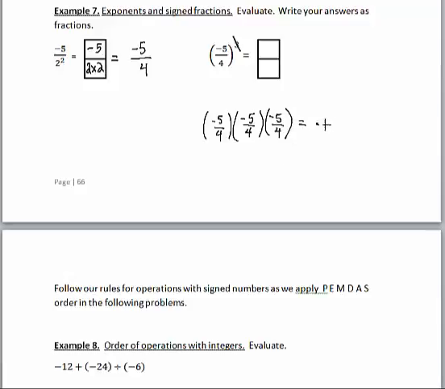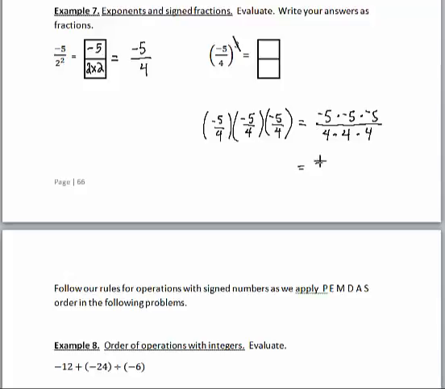Okay, so now I can simply write this product as on the bottom 4 times 4 times 4, and then on the top I have 5 times negative 5 times negative 5. There's 3 negatives there, so that's an odd number of negatives.